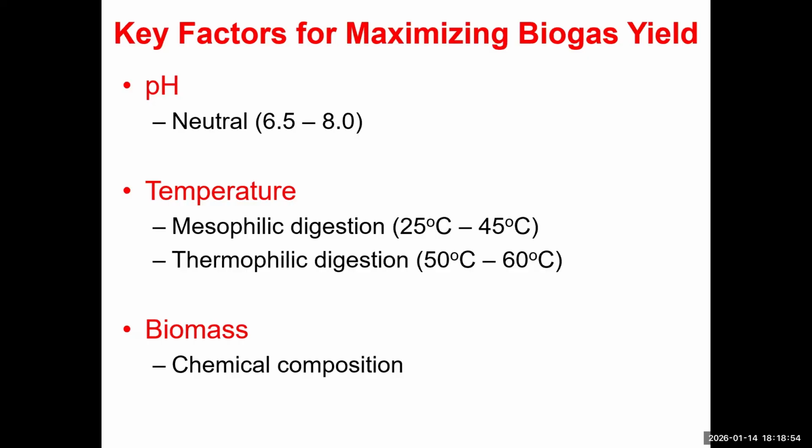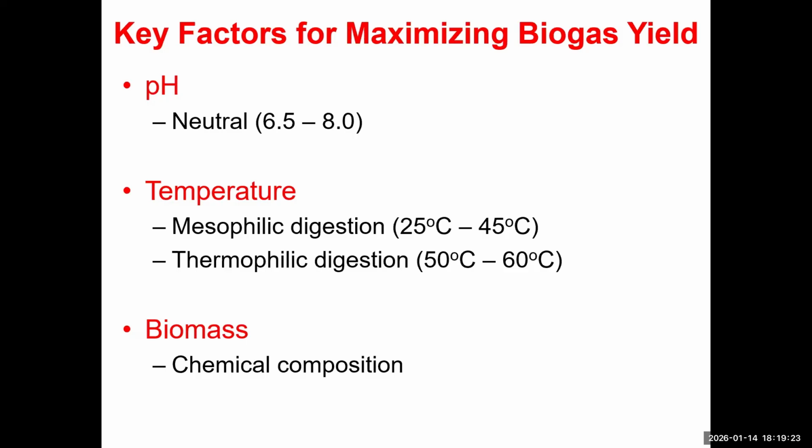Now, I do want to point out to you that the digestion of food waste can have its limitations. Sometimes with food, especially fruits and vegetables, if they have a high simple sugar content, those can break down so rapidly that you get an accumulation of volatile fatty acids in your digester, and that can cause the pH of your digester to actually drop.